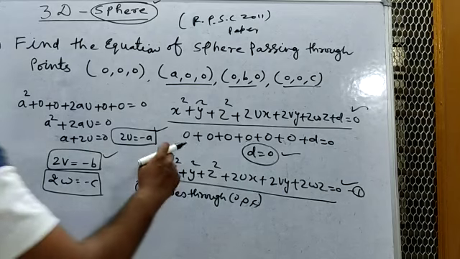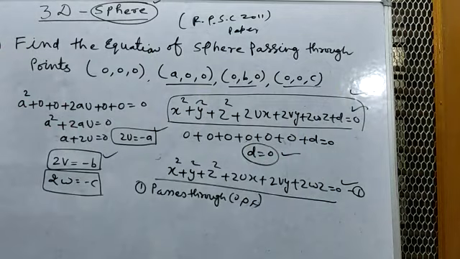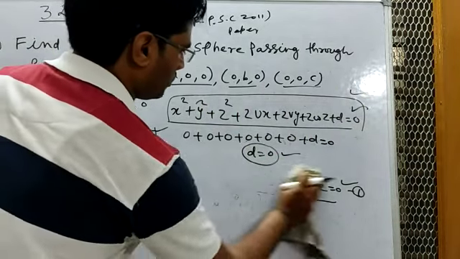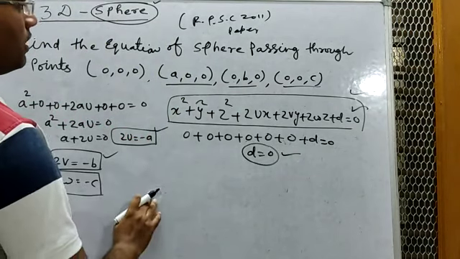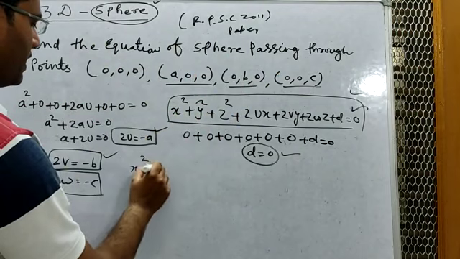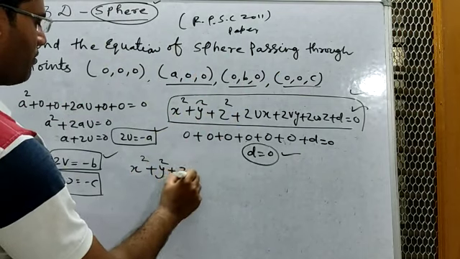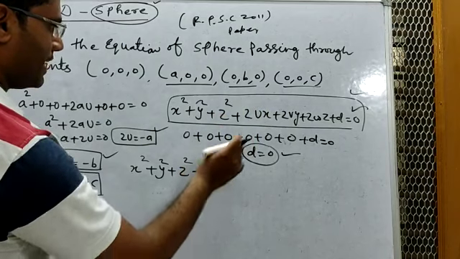We put all these values in the given standard equation of a sphere, then we get our sphere passing through all these 4 points. So our answer will be x square plus y square plus z square, 2ux means minus Ax.